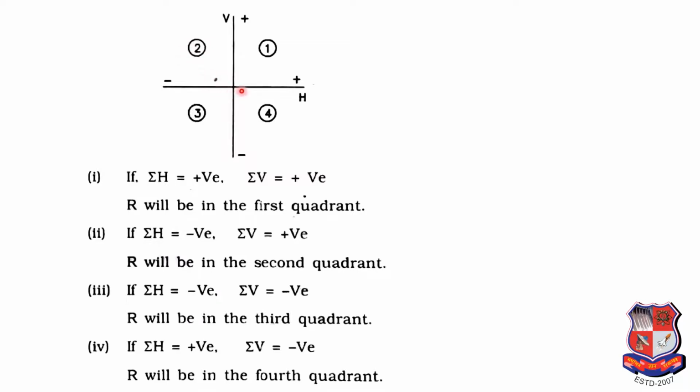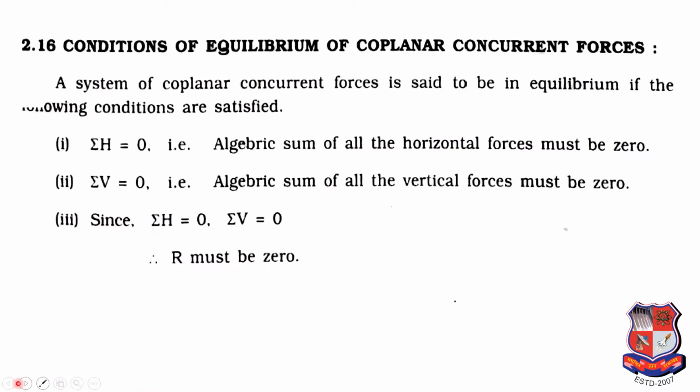If both the horizontal and vertical forces are negative, then R will be in the third quadrant. And if the summation of horizontal forces is positive but the summation of vertical forces is negative, then R will be in the fourth quadrant.